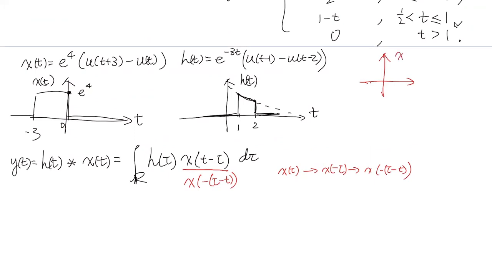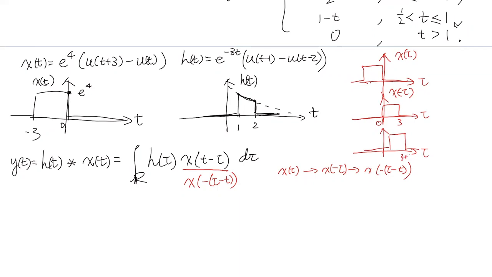So x tau is just this one, right? And x minus tau is a flipped version of it. So the 0 here is 3, right? And then finally, shift to the right by t steps.